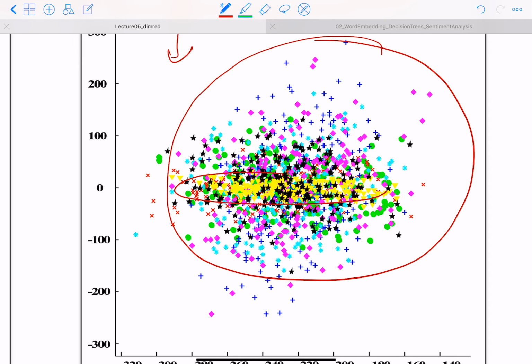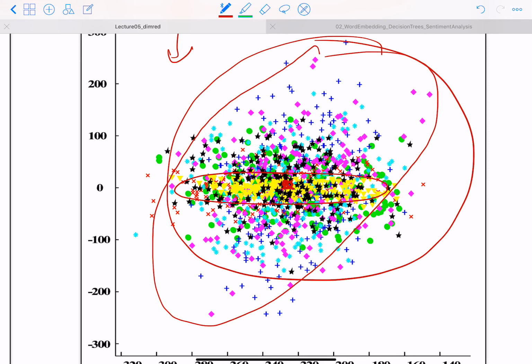Roughly the yellow point is located over here, right? And what is the corresponding centroid in the low dimensional space? It will be somewhere around here. And maybe the pink point is represented over here, and its centroid will be somewhere over here.